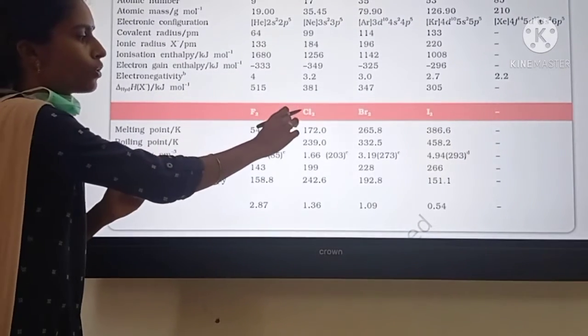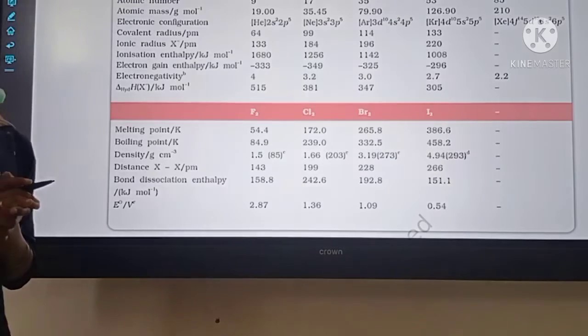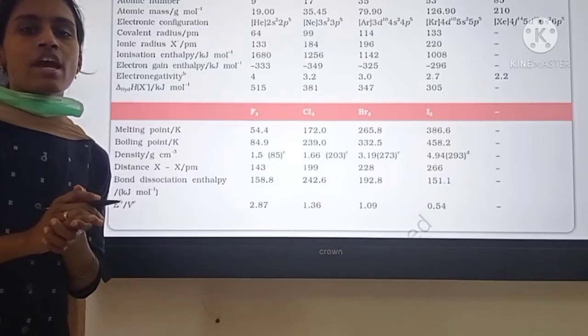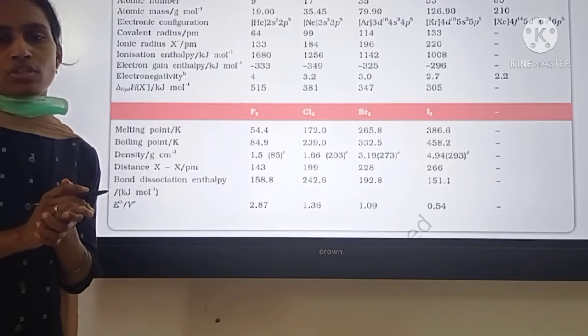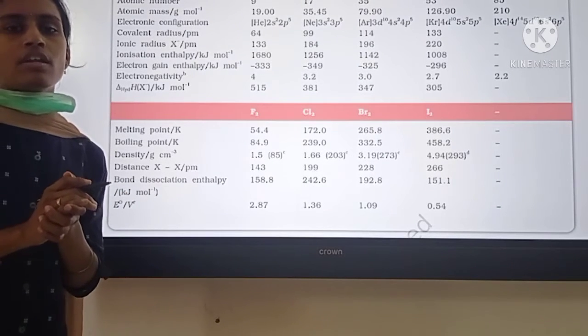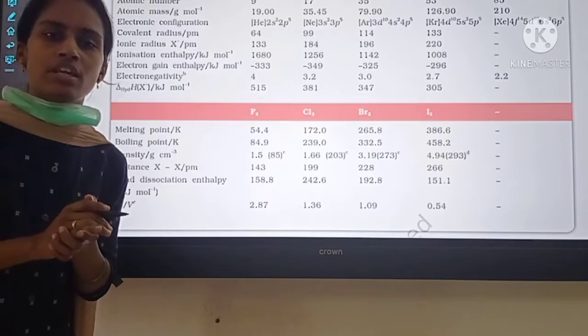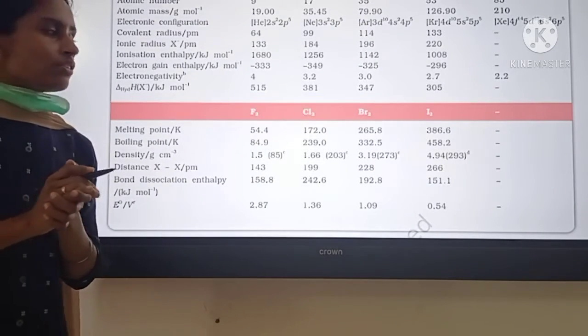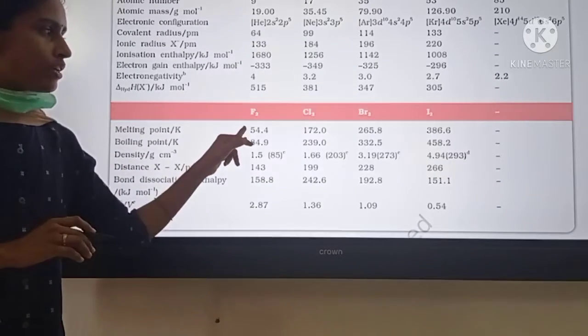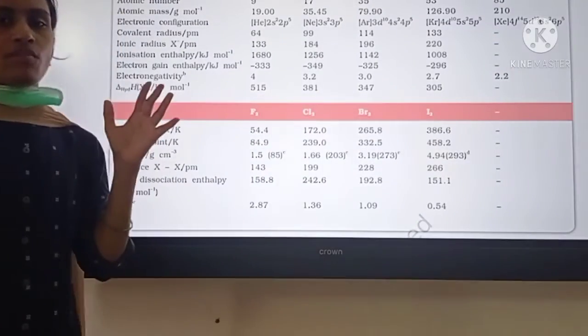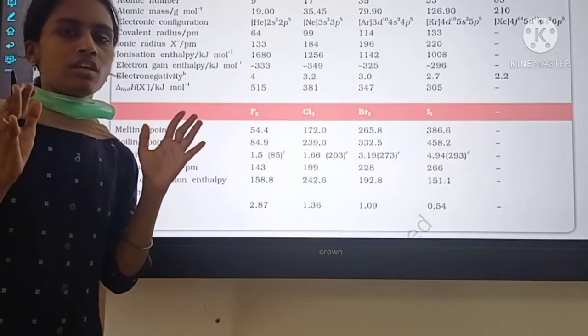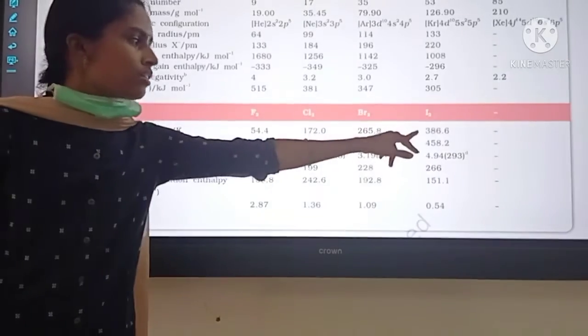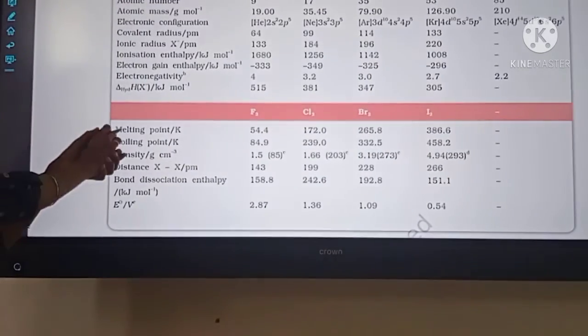Between fluorine and fluorine there are dispersion forces, called London dispersion forces. Dispersion forces are directly proportional to surface area and also to atomic weight. Iodine is much bigger, so its surface area increases. That's why it has a high melting point.